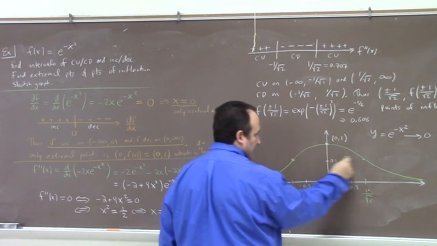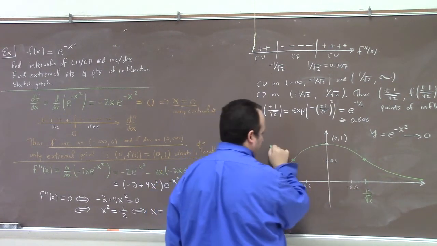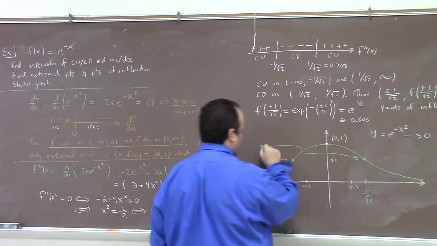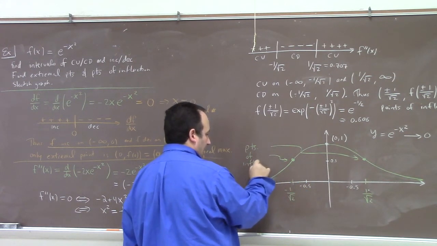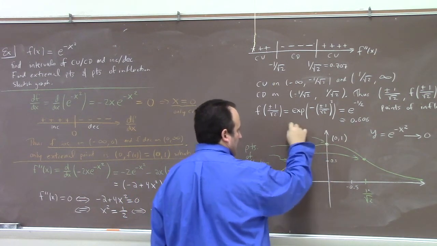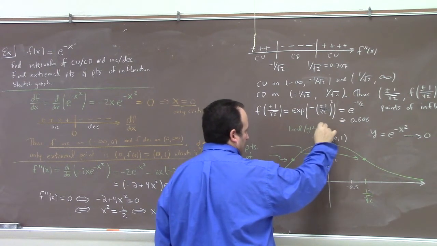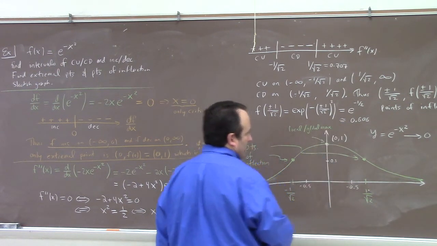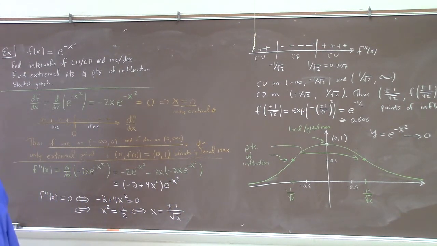And so right here, and right here, these guys, points of inflection, right? Local, in fact, global max. Sorry, I used green for my labeling, but anyway.